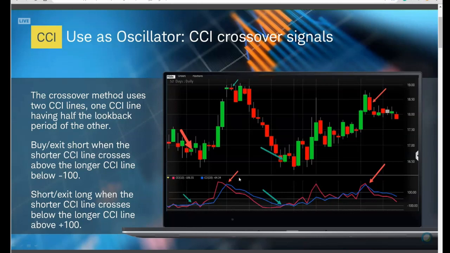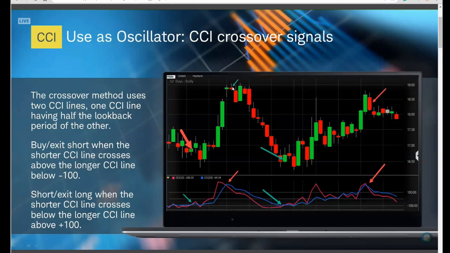A good example is this sell signal where I have the blue line at the top there. Notice how the 10-day CCI is above 100. It crosses below the 20-day CCI, which is also above 100.